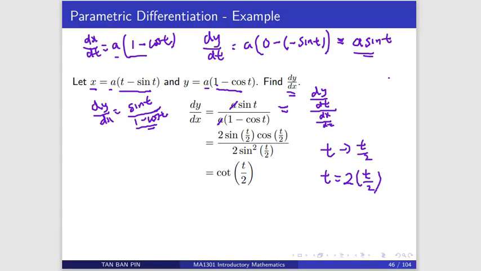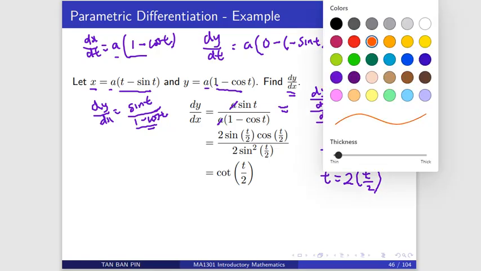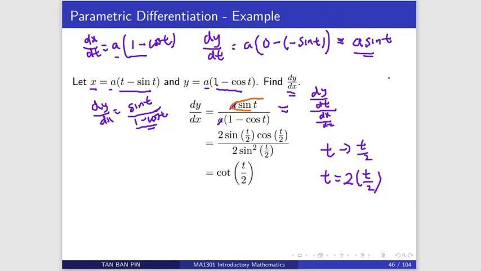That's how you end up with the numerator.